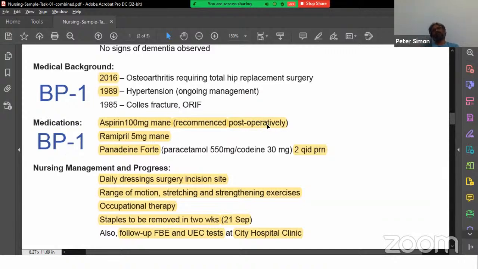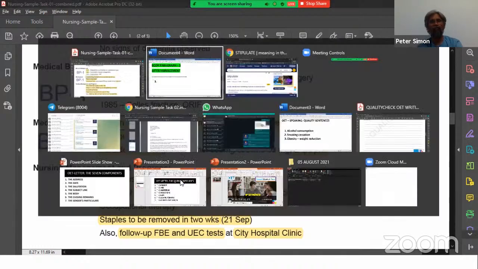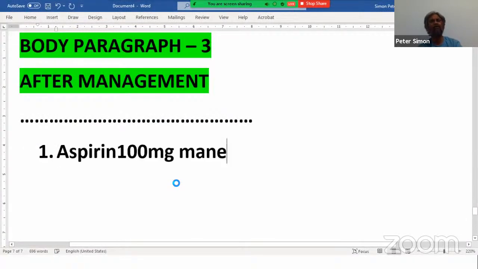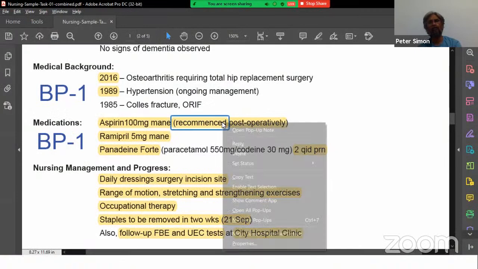Post-operative. Aspirin 100 mg. What is it for? I'm giving this to you. Copy text. He has given you wonderful help. He has given you everything in front of you. Recommenced.